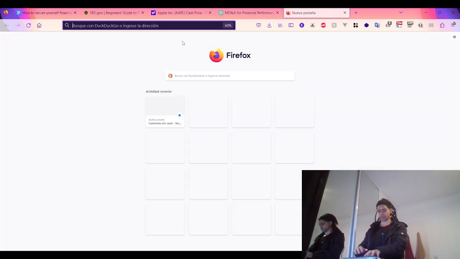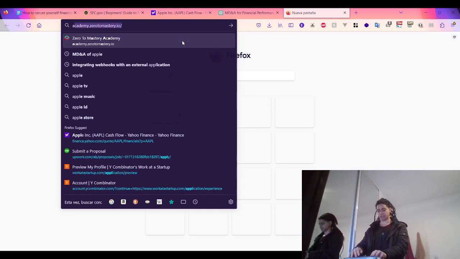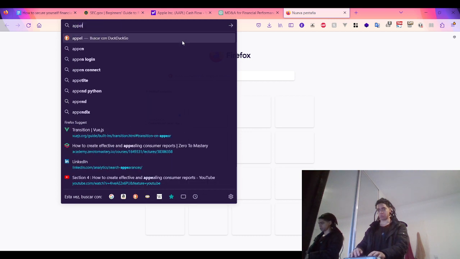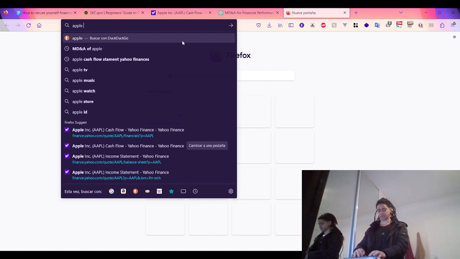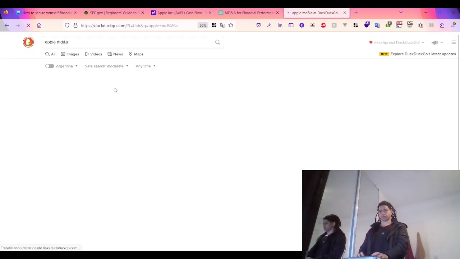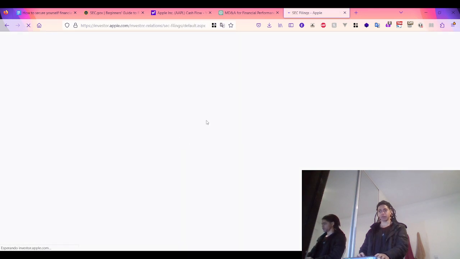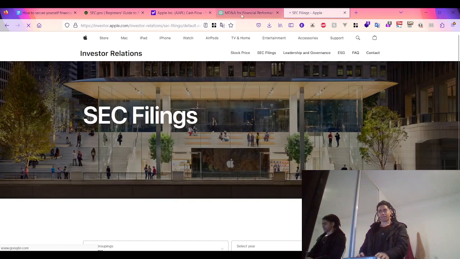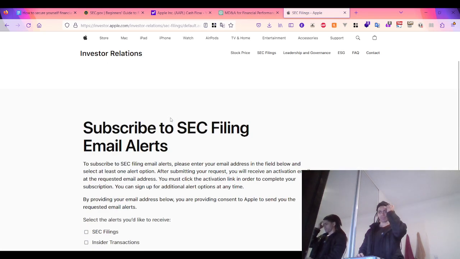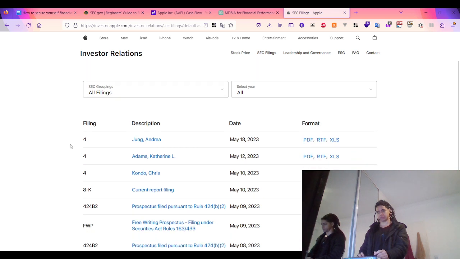So for example, if I take a look here at Apple, in this case I just want to look at the Apple MD&A. The SEC filing, okay? In this case, let me see if I can see this.